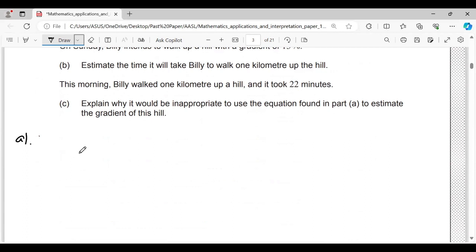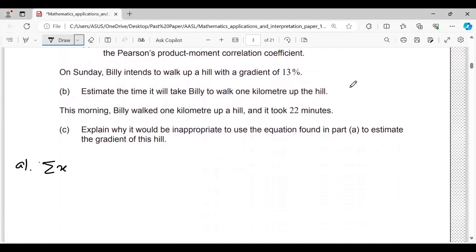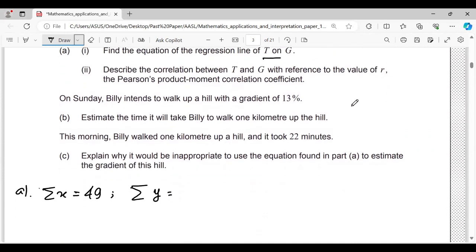I'm going to calculate the sum of x: 0 plus 0 plus 4 plus 10 plus 15 plus 20, and it is 49. After that, sigma y: this number plus this number plus this number until plus 17.88. It is 58.84.